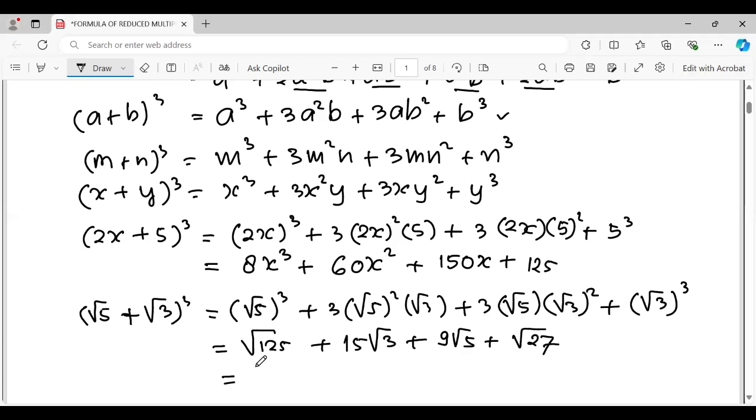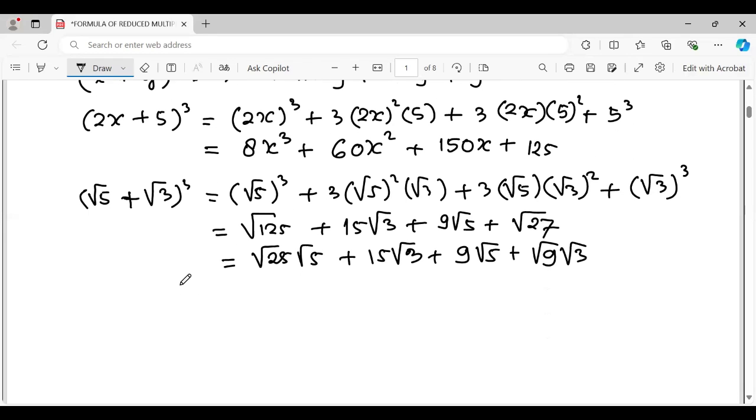So it's going to be 125, square root 25 multiplied by square root 5. This is still 15 square root 3, 9 square root 5. This is square root 9 multiplied by square root 3. Square root 25 is 5, so 5 square root 5 plus 15 square root 3 plus 9 square root 5 plus 3 square root 3.